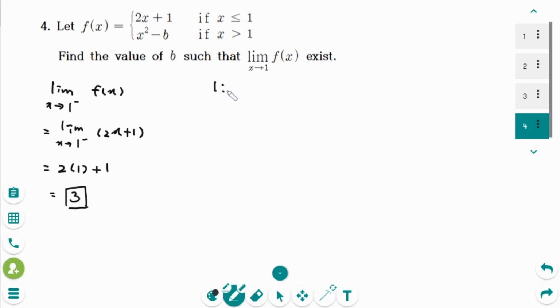And then limit of f of x as x approaches 1 from the right equals limit of x squared minus b as x approaches 1 from the right, and then put 1 into x, so 1 squared minus b equals 1 minus b.